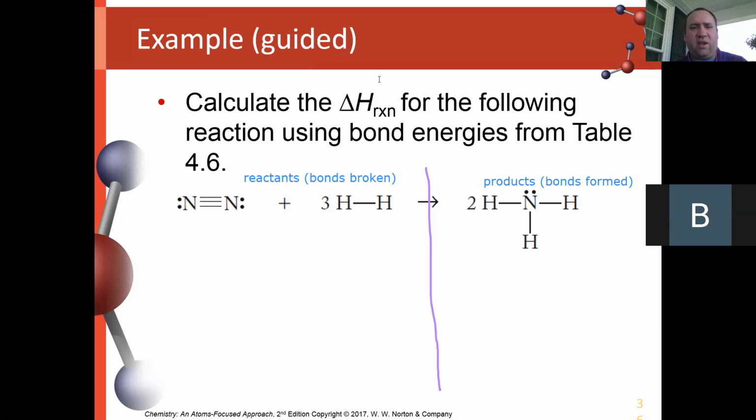And so I can start doing an accounting of what's there. I have one nitrogen to nitrogen triple bond. And I have 3 hydrogen to hydrogen single bonds.